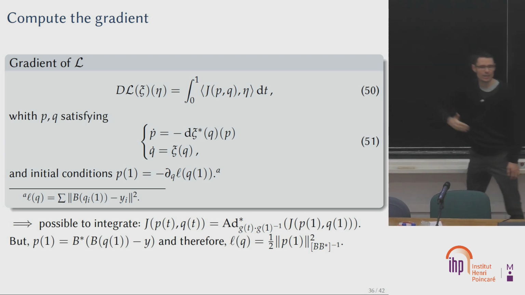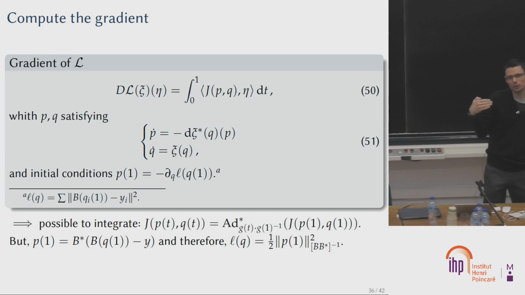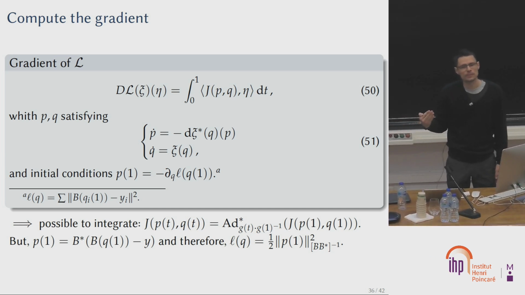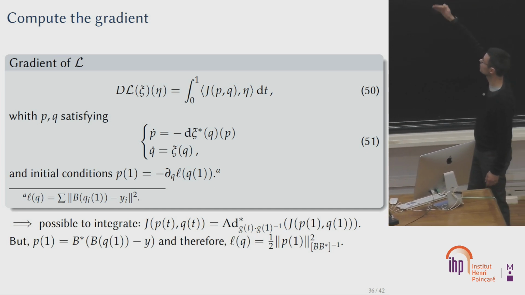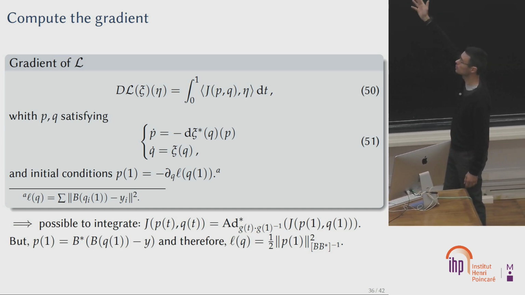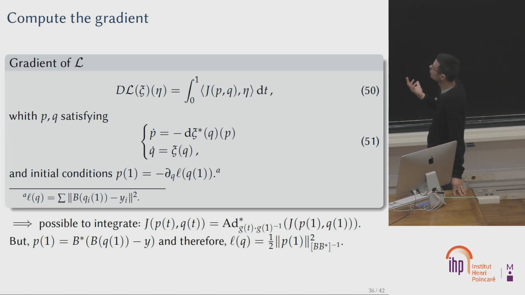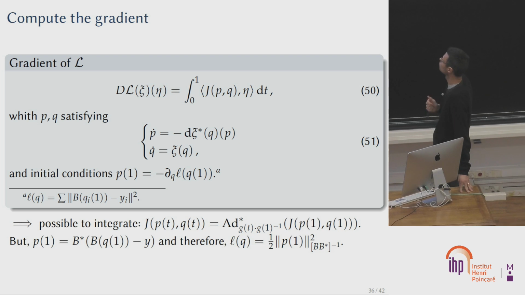So in P at time 1, you have all the information on the loss. Once you solve the backpropagation equation, the adjoint equation on P and Q, these are kind of Hamiltonian equations, then you can hope for estimates on the loss.